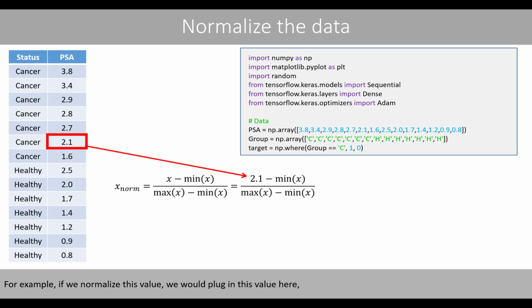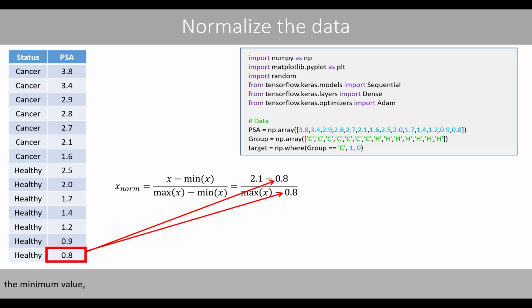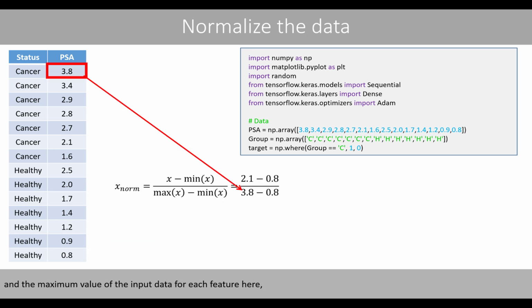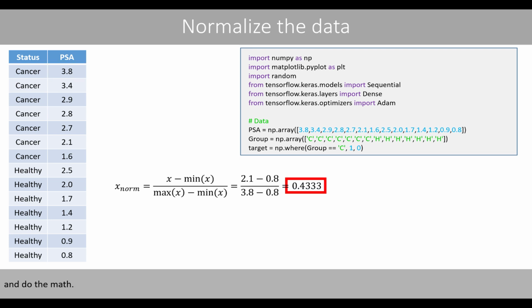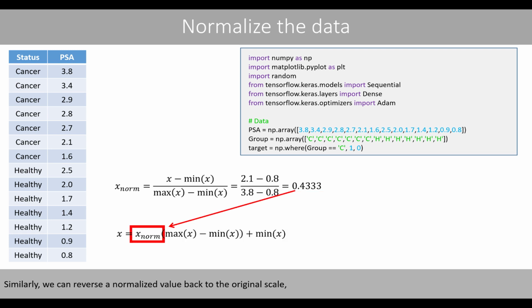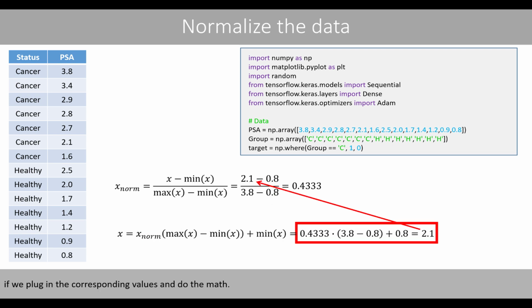For example, if we normalize this value, we would plug in this value here, the minimum value, and the maximum value of the input data for each feature here, and do the math. Similarly, we can reverse a normalized value back to the original scale if we plug in the corresponding values and do the math.